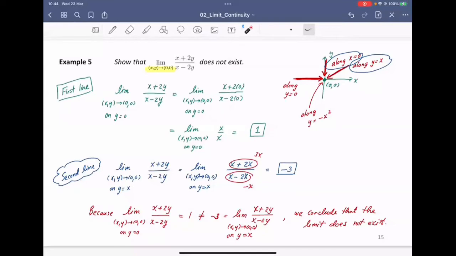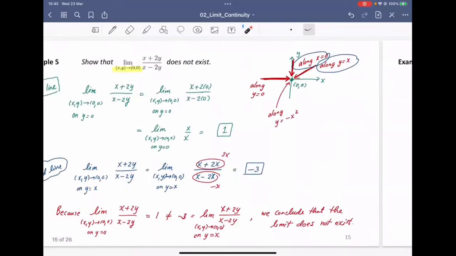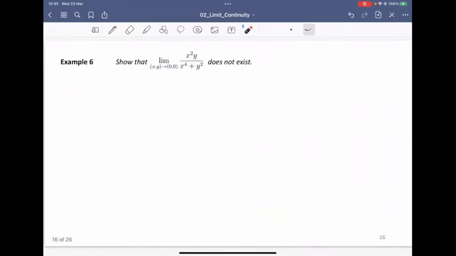All right, one more example and then we have a break, okay? Example 6: show that the limit as (x,y) go to (0,0) of x squared y over x to the 4th power plus y squared does not exist. First of all, before you use this technique, keep in mind that when you plug in (0,0), you get 0 over 0, which is why you cannot just plug in.